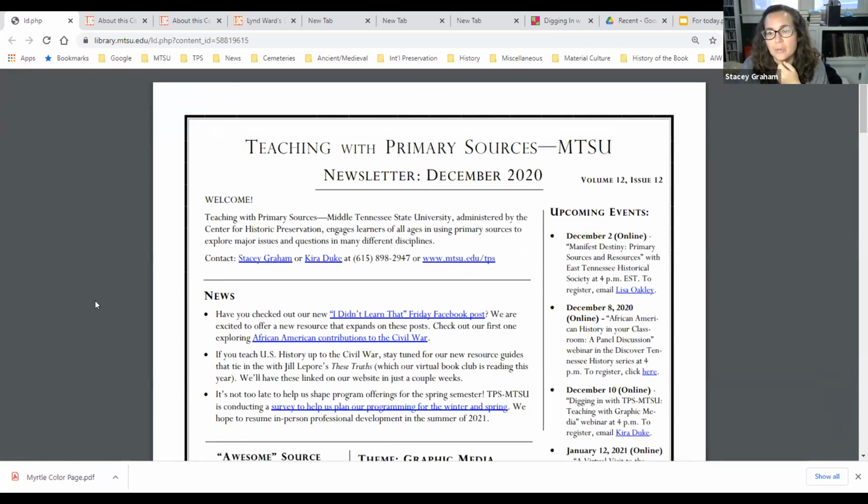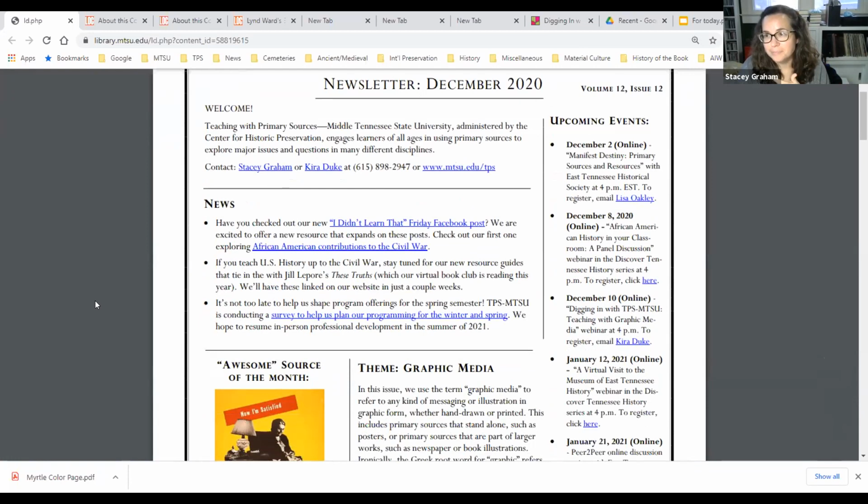So we chose graphic media, which really can mean so many different things. And of course, we've used graphic media primary sources in so many of our different materials before. But we just wanted to explore this format of a primary source a bit deeper.